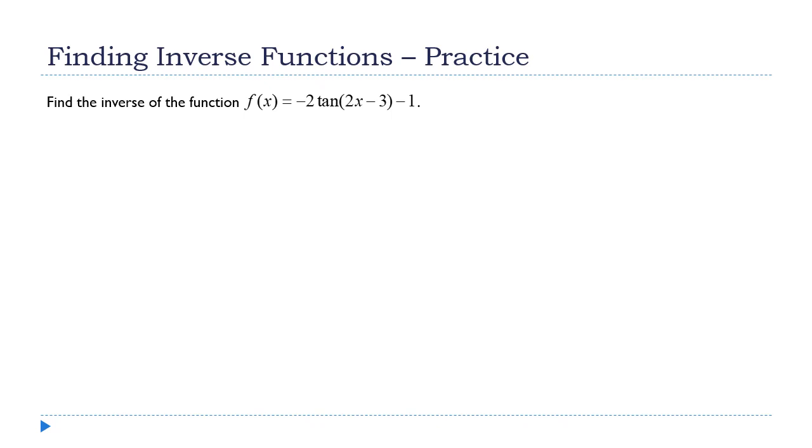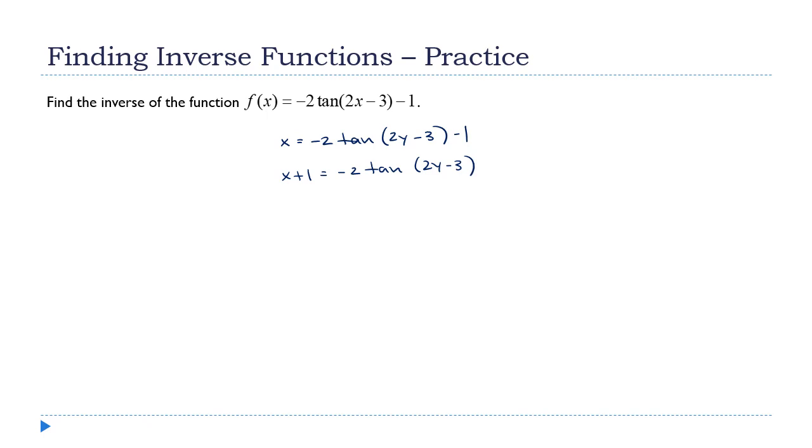All right, so let's see, I'm going to do my switch. I'm going to make this x equals negative 2 tangent of 2y minus 3, minus 1, and solve this for y. Let's move the 1 over. x plus 1 equals negative 2 tangent of 2y minus 3.